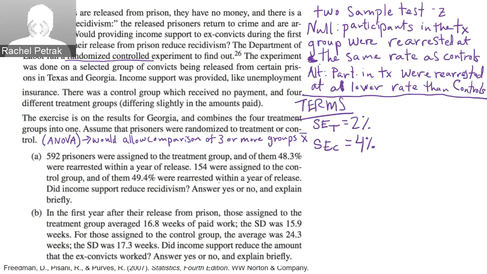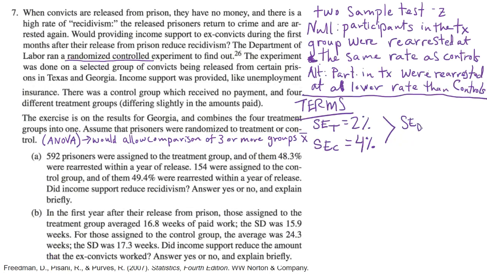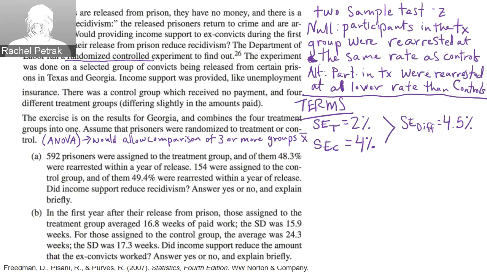And the SE for the difference is 4.5%. Our observed difference, if we subtract our groups here, is 1.1%.